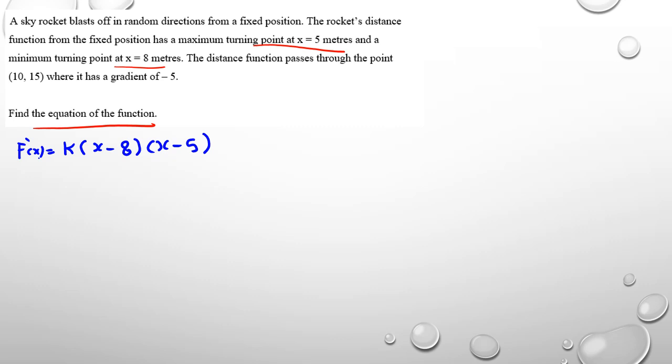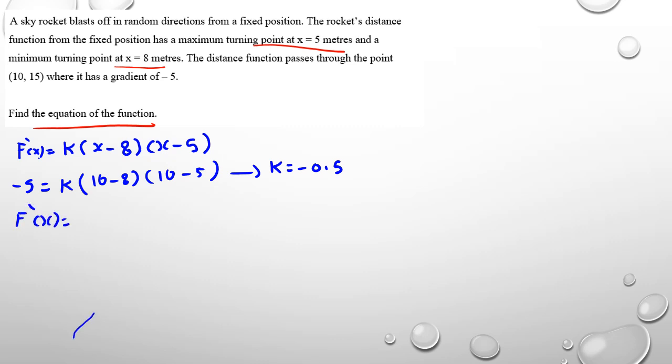So I substitute f dash as negative 5, and instead of x, 10 minus 8 and 10 minus 5, solve all of that, and I end up with k equal negative half. So at the moment I've found k, so my derivative function is negative half times (x minus 8)(x minus 5).